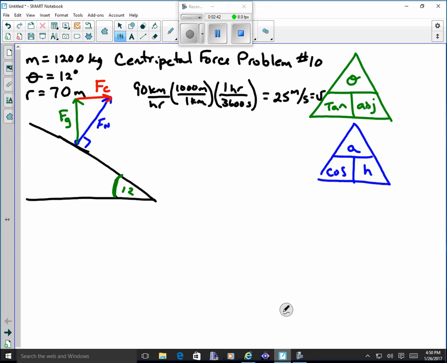Okay. And it wants to know two different things. It says, what is the friction force of the road, and also what's the coefficient required to hold up the car? Well, the only thing actually holding the car on the road is centripetal force. All the forces that make the car stay on the road are going to be considered a centripetal force, because the car is going in a circle.